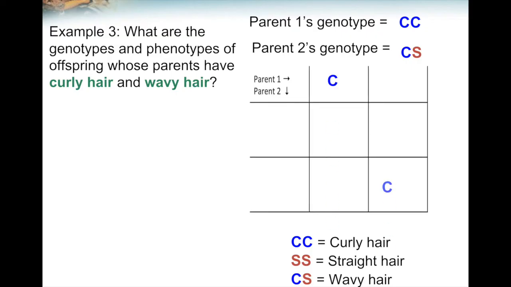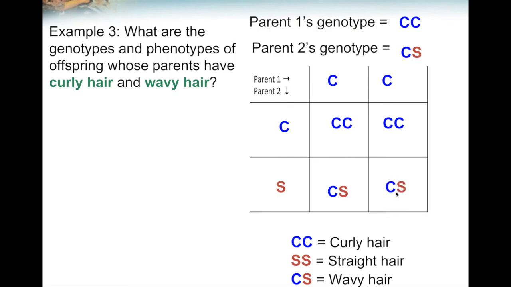One parent's genotype goes on the top of the Punnett square, and the other parent's genotype goes on the left. And you're just going to fill in the boxes. In this box, one parent gives a C allele, the other parent gives a C allele. And same thing on the box next to it. These 2 boxes are the same. In the next boxes, one parent gives a C allele, and the other parent gives an S, and it's the same for the next box.